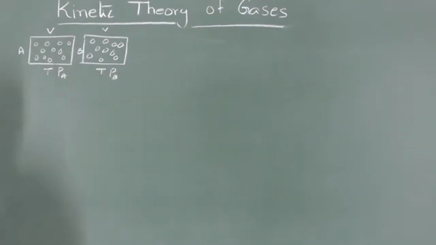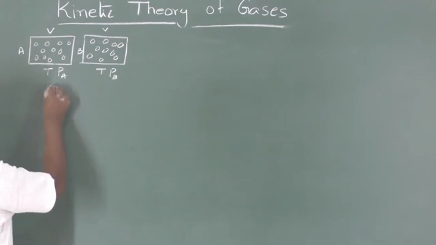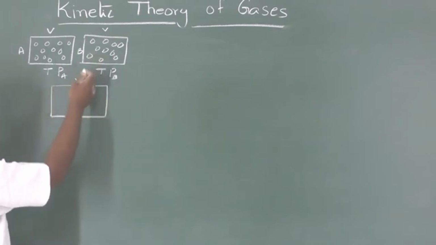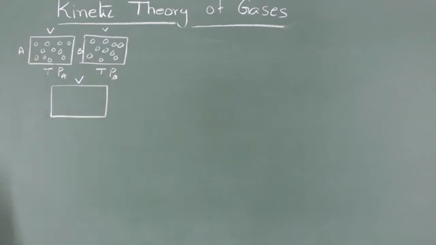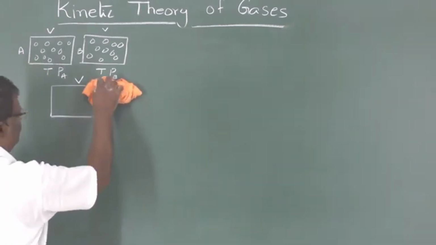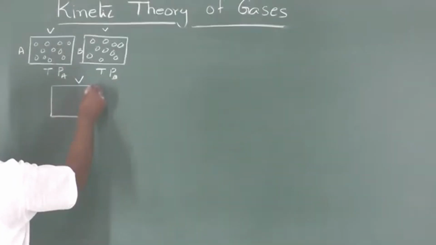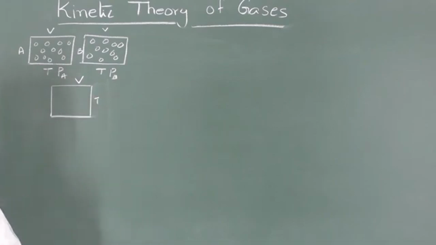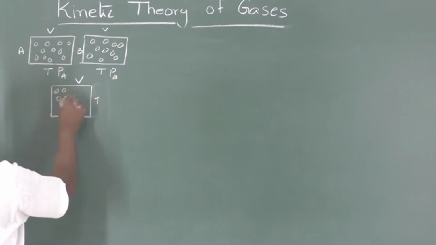Now what we are doing is placing these two gases in one container with the same volume. The new container volume is also the same, that is V. The temperature is the same. Now what happened? These are A molecules.